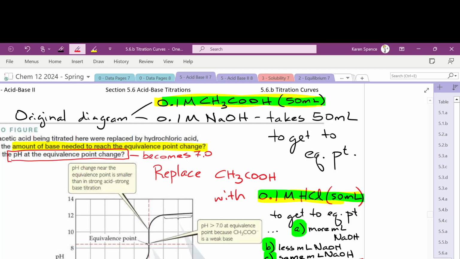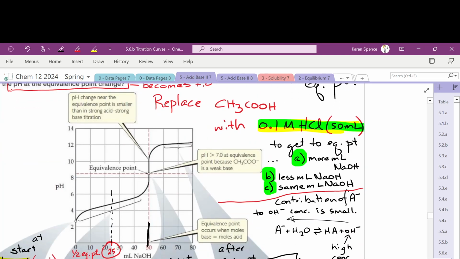Now, is the equivalence point going to be at the same volume, at a higher volume, or at a lower volume?